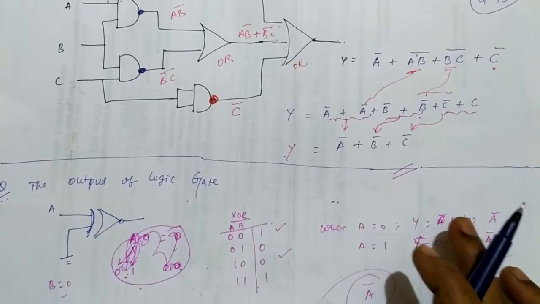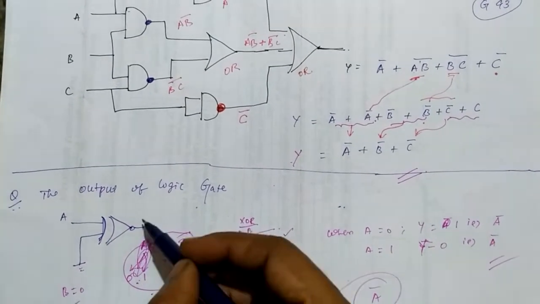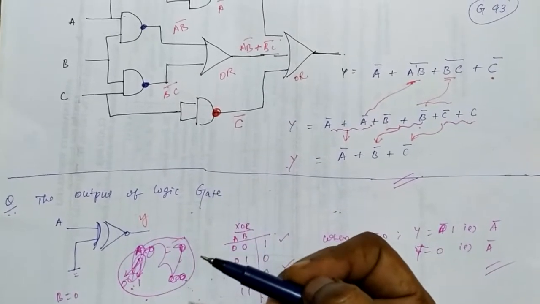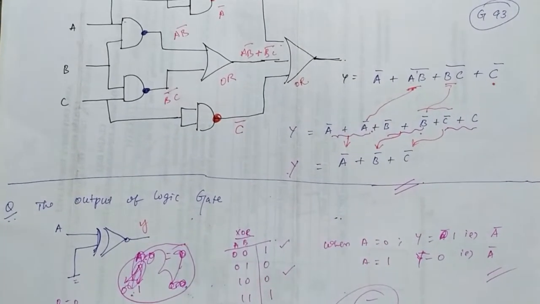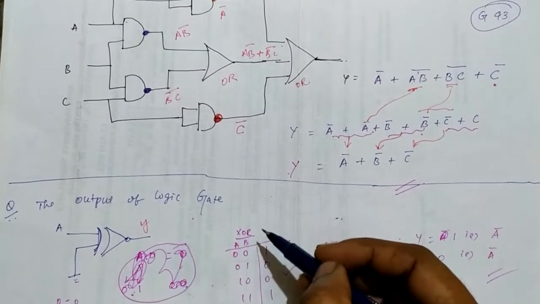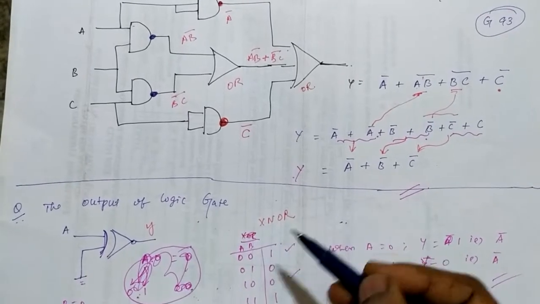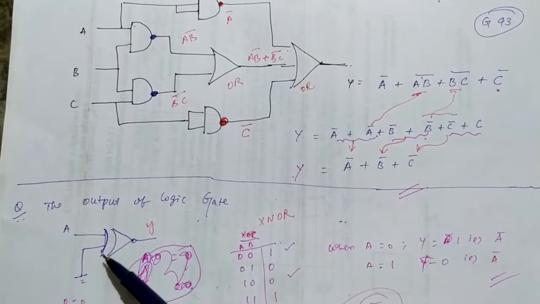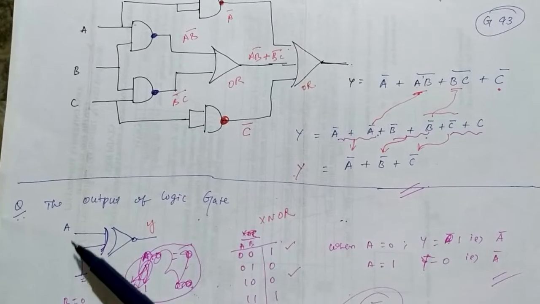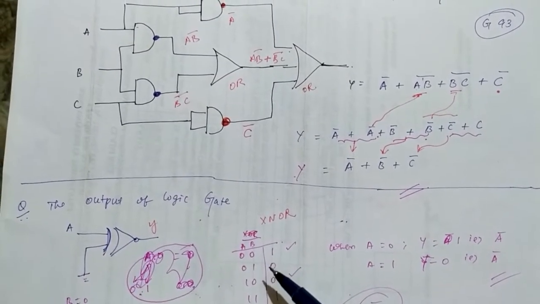Now the next problem. This is a given logic circuit. What is the output they are asking? Here this is nothing but an XNOR gate, where one input is grounded and another input is A. This is the truth table of the XNOR gate.